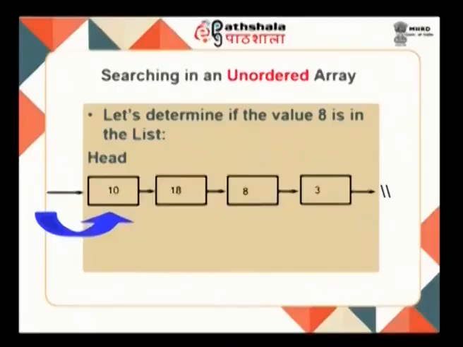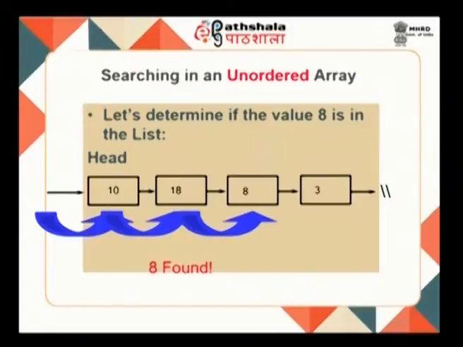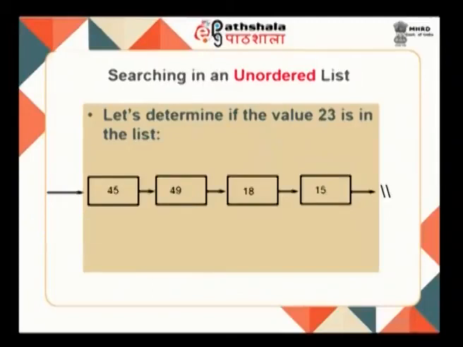This is how it goes. I am comparing 8 with 10, and my target is not present, so I progress to check the next element of the list. Again, the target is not obtained. Progressing further, my target element is present.